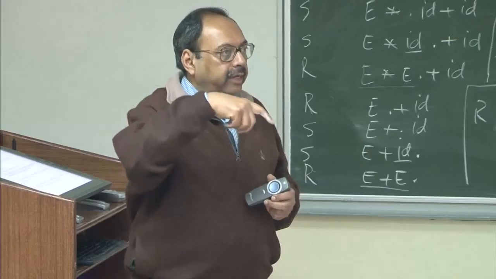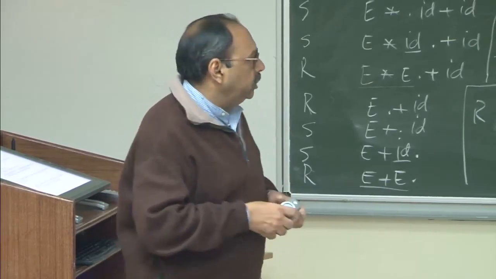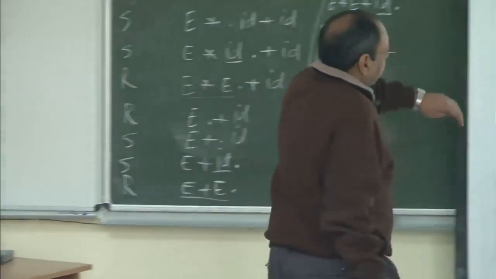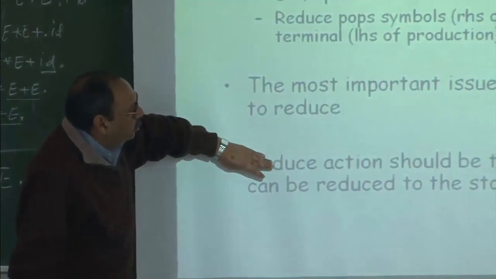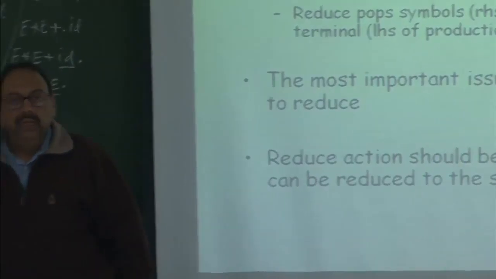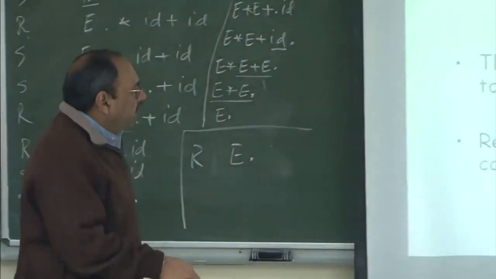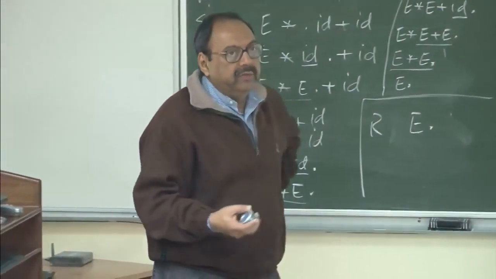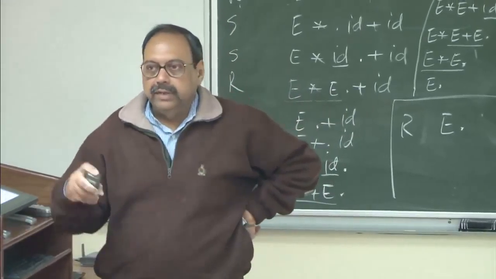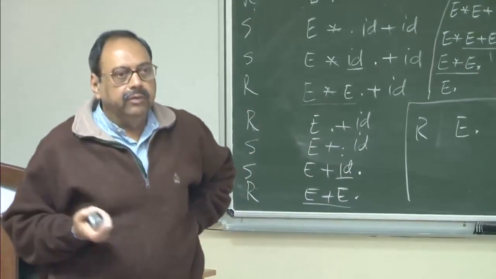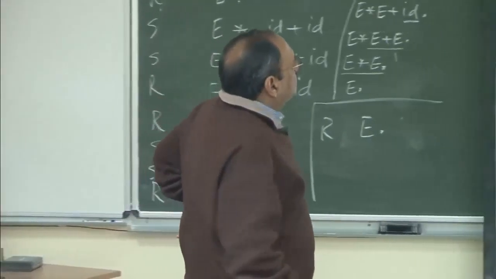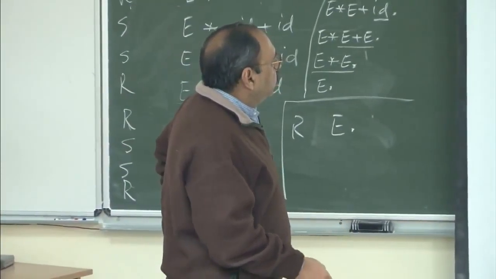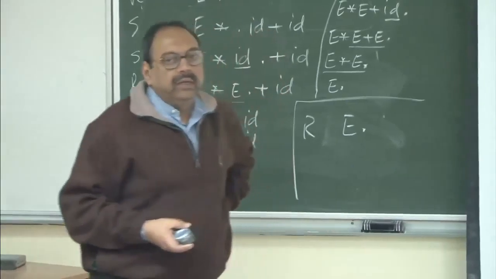But if I did the right set of reduce actions, then I was able to reach the left hand side, which is the start symbol. So we are saying that I should take a reduce action only if the reduction is going to take me somehow to the start symbol, if it's a valid string in the language. If it's not a valid string, then it doesn't matter. It will never take you to the start. This is a fact which needs to be captured somehow when I start creating my parse table.